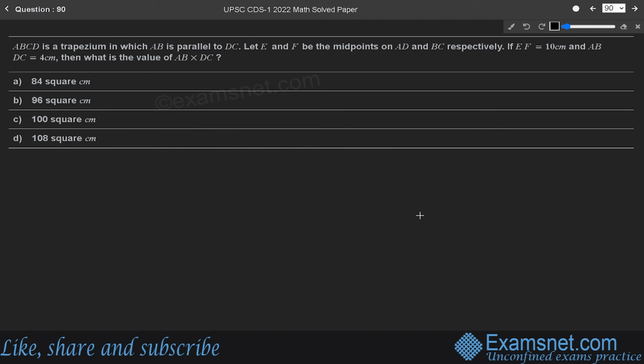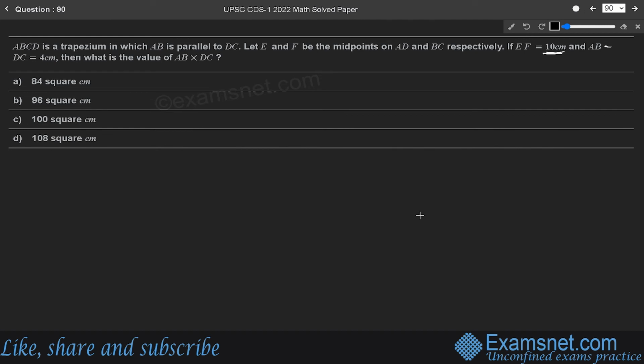It is given that there are so many concepts in this question, which is AB is parallel to EF and EF is parallel to DC, and the value of EF is given, which is 10 centimeter, and also AB minus DC is given, which is 4 centimeter.